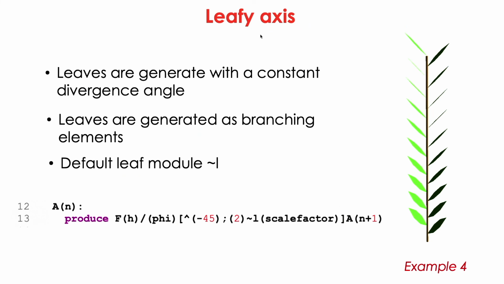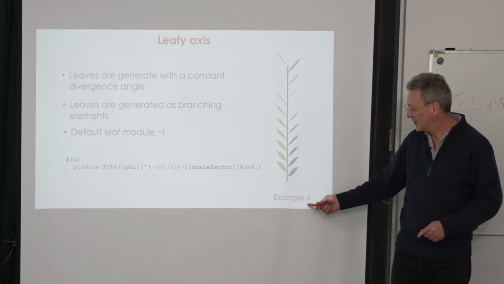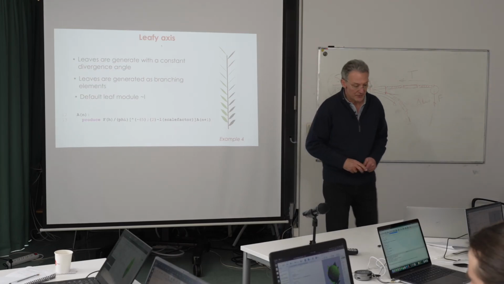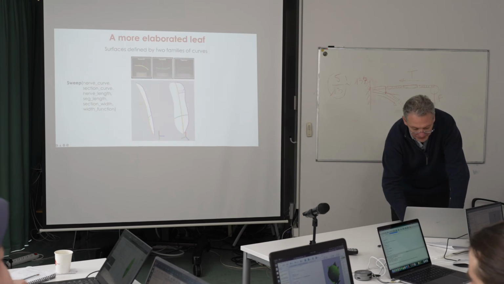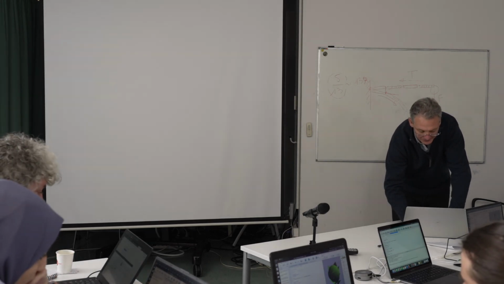Okay. So the question is how to build such a leafy stem in the computer. Actually, it will basically be a rule like this one. You have this in example 4, so you can upload example 4.